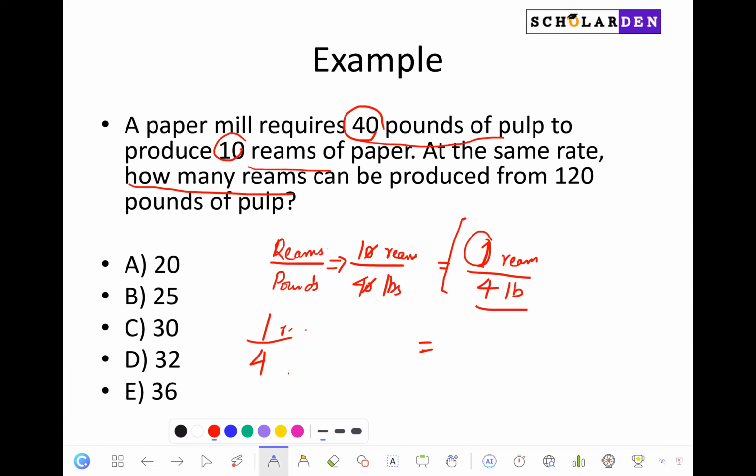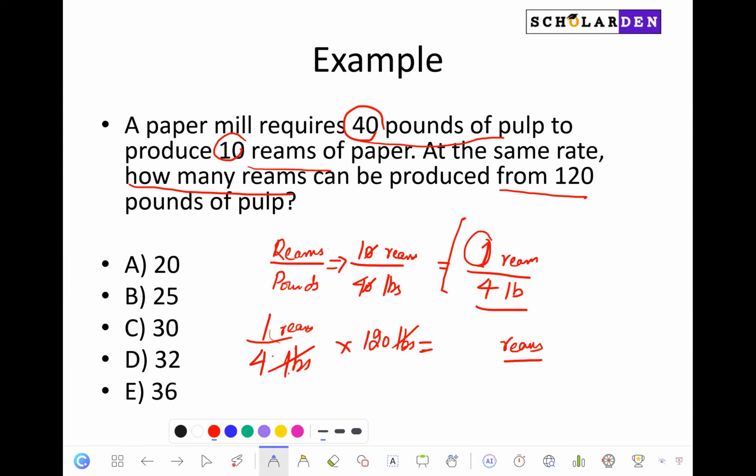So again, you get 1 ream of paper for every 4 pounds, times, I'm going to write this again, what is the other quantity that we're given? We're given that the total amount of pulp that we have is 120 pounds of pulp. So first of all, the pounds are going to cancel out, and we're left with only reams, which is consistent with what we need in the answer.